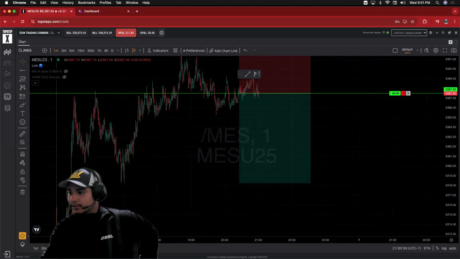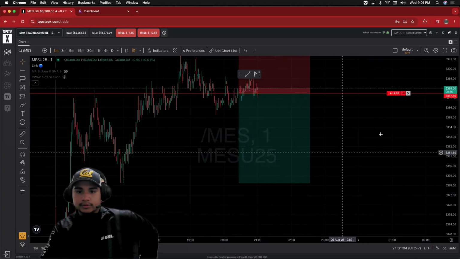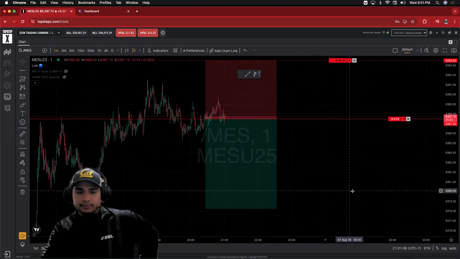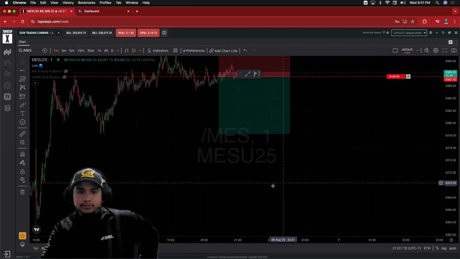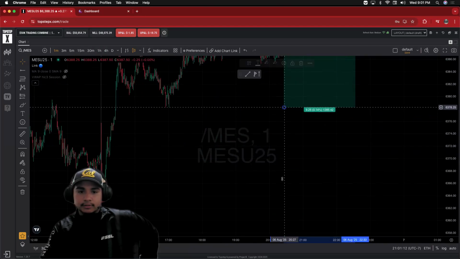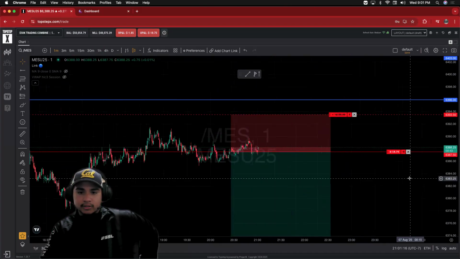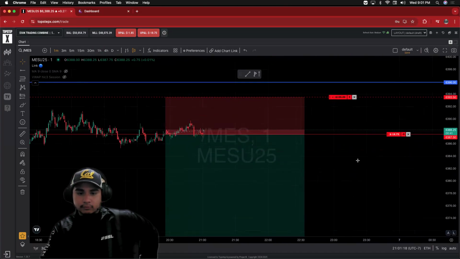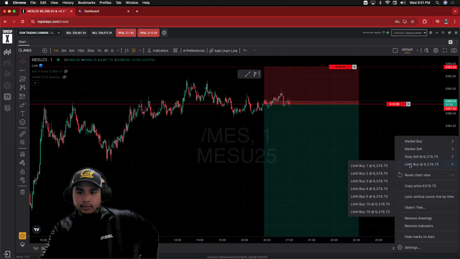And ideally, I'm going to target main levels of liquidity. So I'll have two targets, and I'll take this down here for a 3.83 risk reward, and I'll knock out two. Limit sell, market sell.